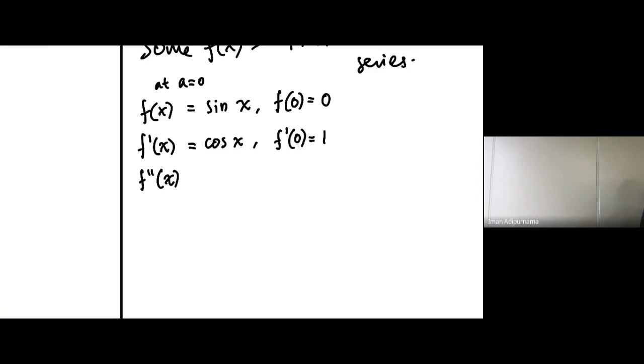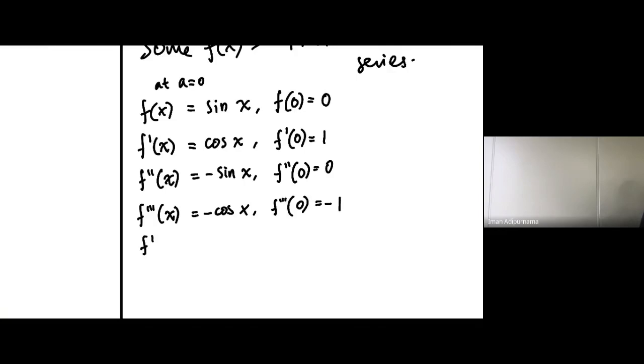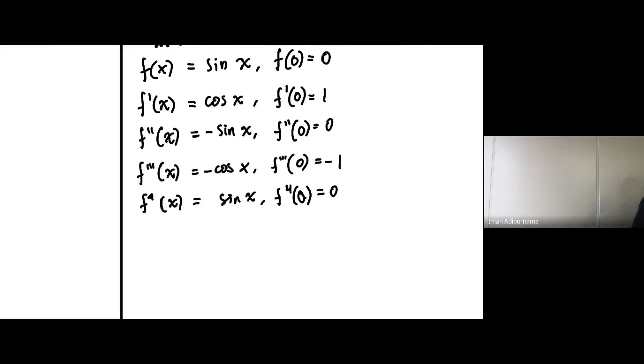Let's try maybe until 4 times or 5. Maybe just 4 is enough, because at the 4th term, you will be going back to the original sine. Then I will stop here.